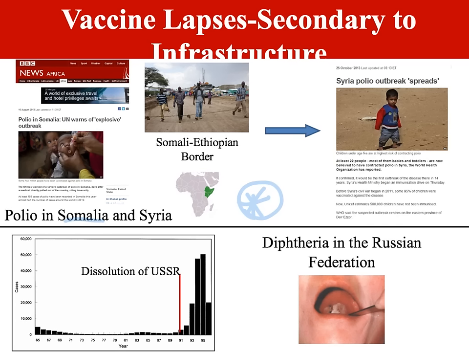And the thought was that this was an introduction into Syria from Somalia. So that this went from over here to over here. And since you had such a collapse in infrastructure in Syria, in addition to the ongoing collapse in Somalia, what ended up happening was you had a lot of unvaccinated children, because this conflict has been going on in Syria for the lifespan of a lot of children.